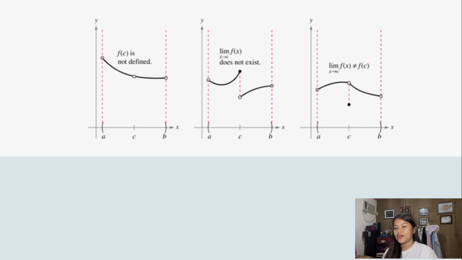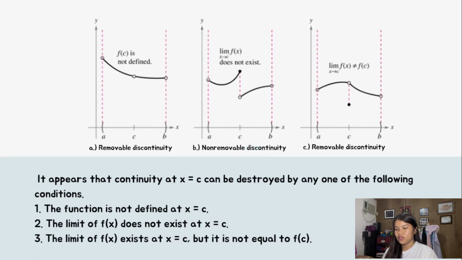So we have here a graph. It appears that continuity at x equals c can be destroyed by any one of the following conditions. In this first graph, f of c is not defined. So the function is not defined at x equals c.